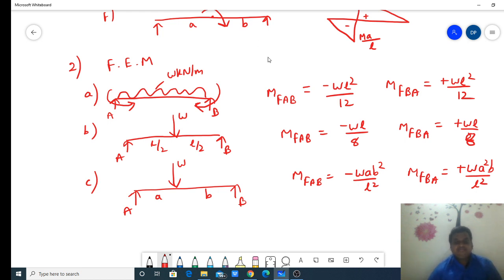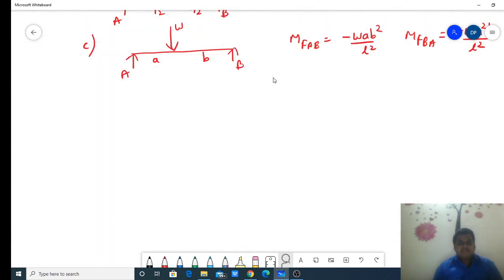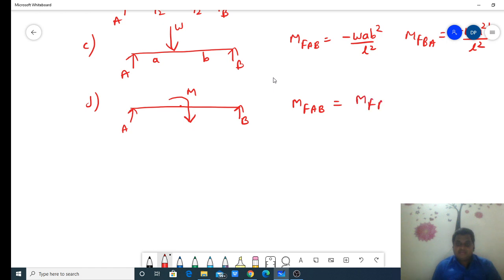Now similarly, if I am moving ahead, here I am considering the same A and B, and if I am applying a positive clockwise moment M, then MFAB is equal to MFBA, and as both are clockwise, this will be M by 4.